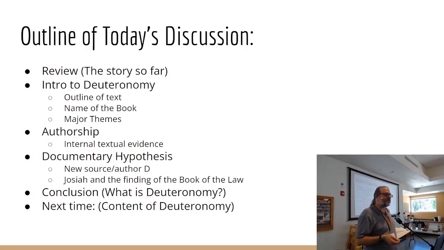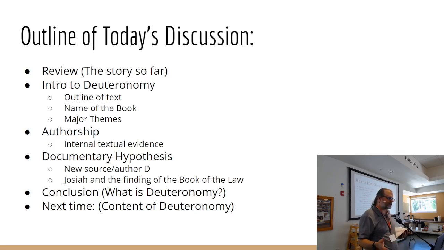But for the first time, we'll have all of the authors. D is an author we have not seen until now, so that last author in the documentary hypothesis will be added to our list of authors and sources, and we can discuss it in full now that we've seen D. We'll also then talk about Josiah and the finding of that book of the law in the temple, and we'll talk about what that might or might not have to do with the book of Deuteronomy itself, and how those things are connected.